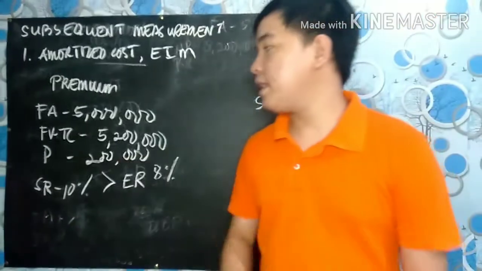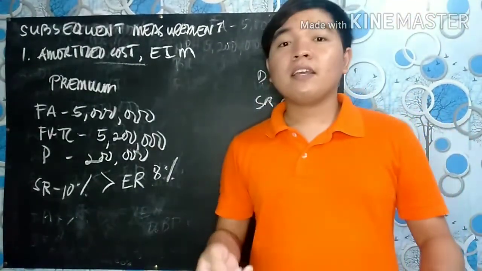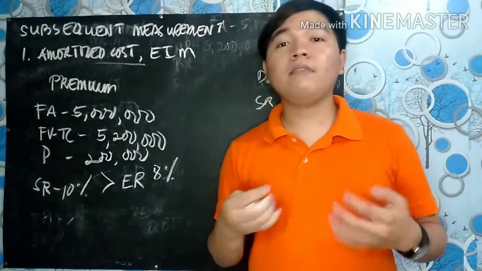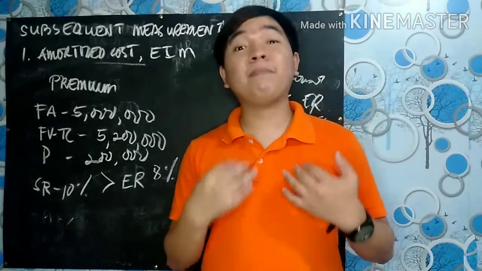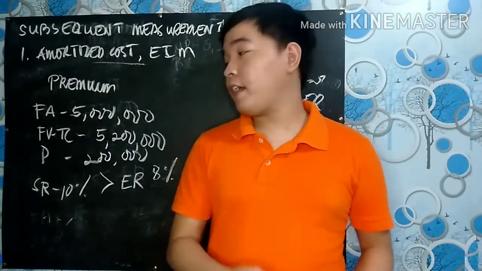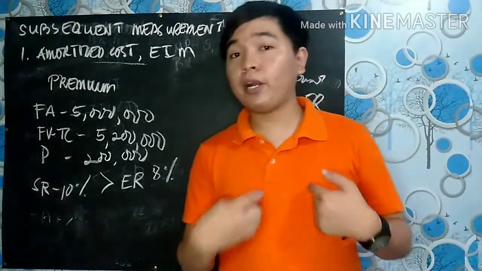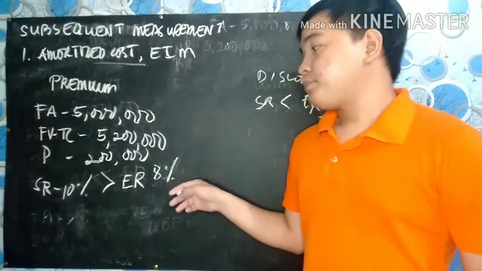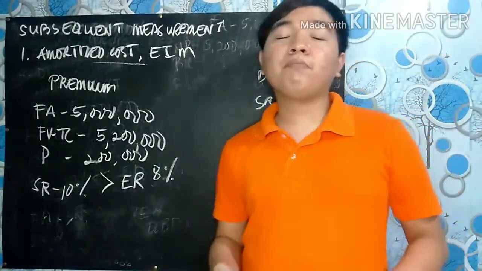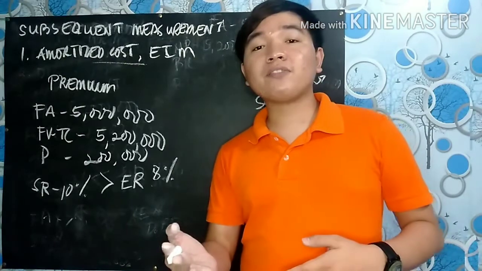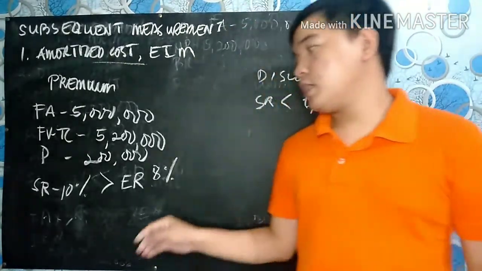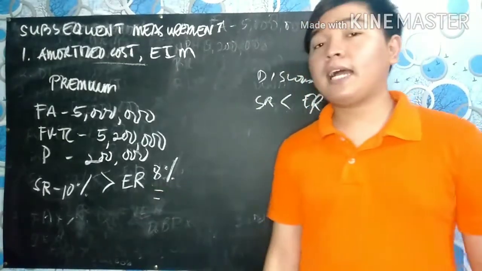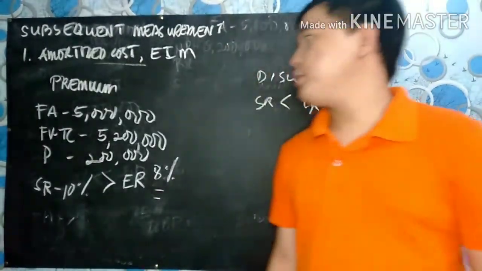So, sa premium naman, ang idea naman dyan is gain on the part of the issuing entity because nag-issue ka ng bonds, at the end of the day, babayaran mo 5 million, natanggap mo is 5,200,000. Of course, gain on your part yon. Tama po ba? So, ang idea naman po nito, willing ang investor natin or yung creditor natin na magpautang sa atin at a lower rate. That's why 8% ang ating effective rate. Yun po yung idea nun.